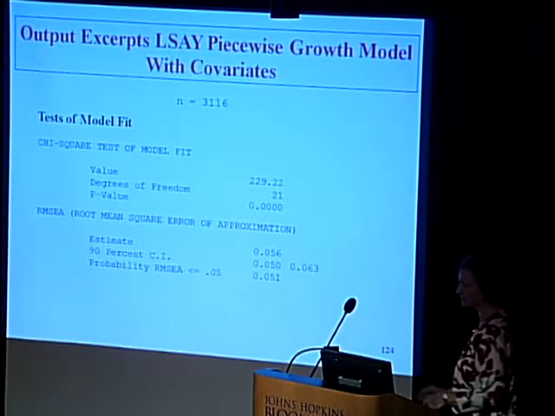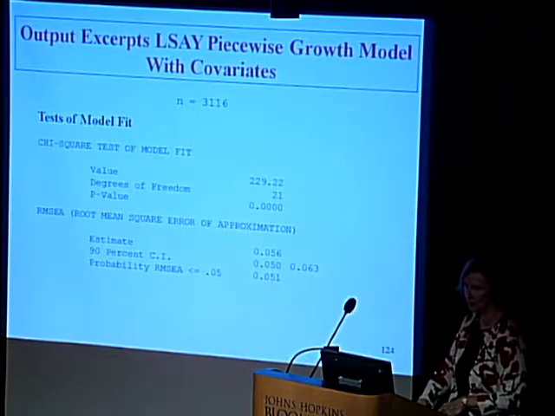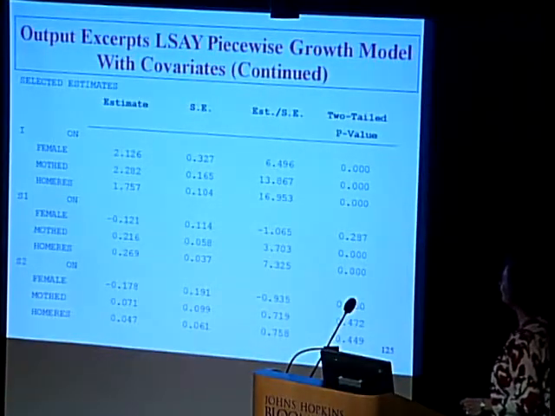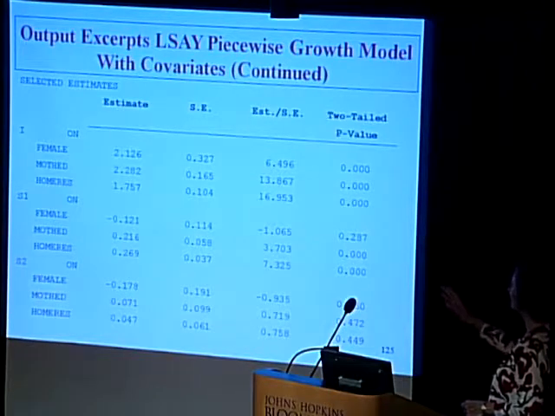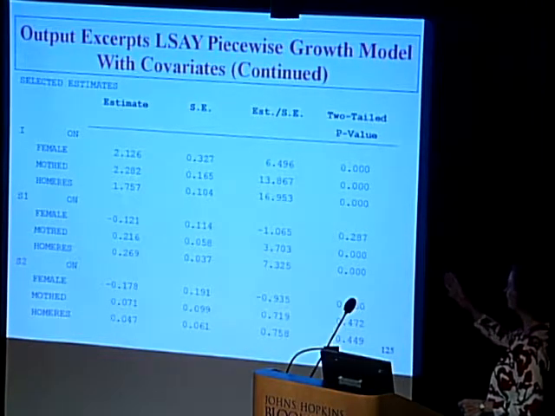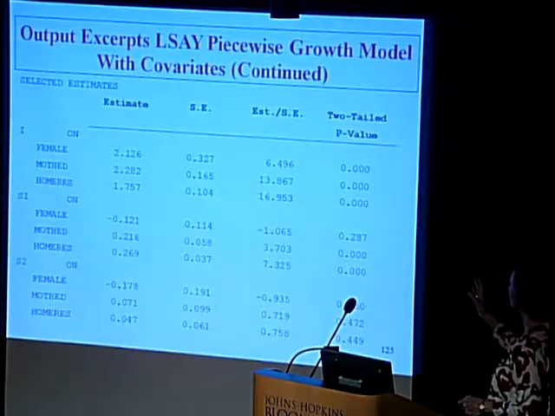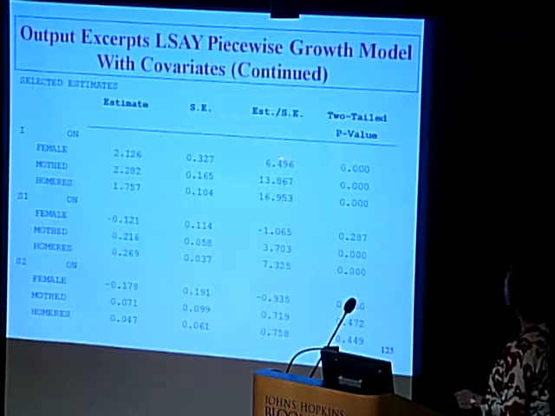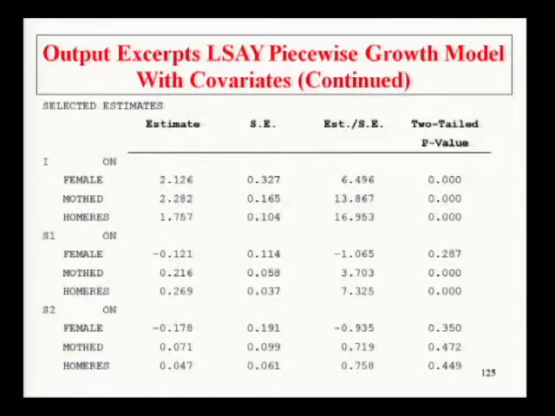Once again, with chi-square, probably sensitivity due to the large sample size. But what's interesting about this is what I said earlier, that the intercept and the two slope growth factors can have different predictors. Different predictors can be significant. And we see that they're all significant, again, for the intercept growth factor, as we saw earlier.